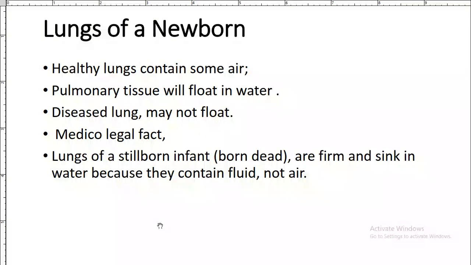The lungs of a stillborn or dead infant are firm and they sink in water because they contain fluid, not air. If the infant is born dead, it means we don't have the activity of the pulmonary capillaries to absorb all the fluid in the lung and drain it into the lymphatic system. So the lung is going to be dense. That's why we say that radiographically, the lung of a newborn is going to be denser than the lung of an adult.